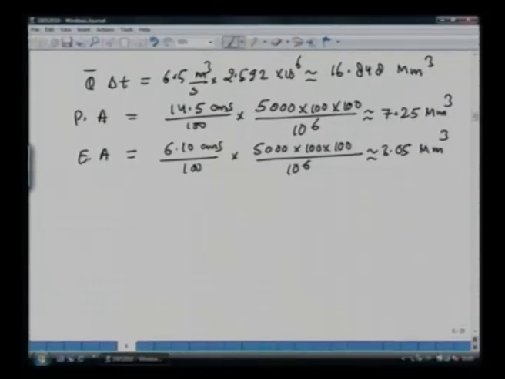Okay. So, now we have calculated all the 4 quantities. We can put these in the water budget equation.